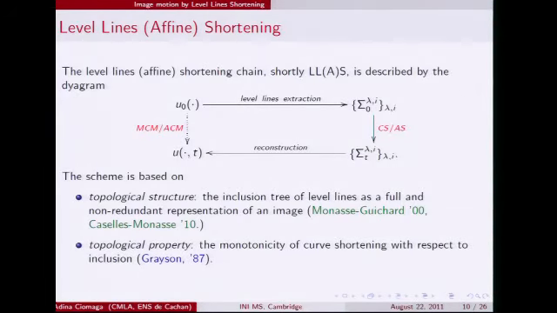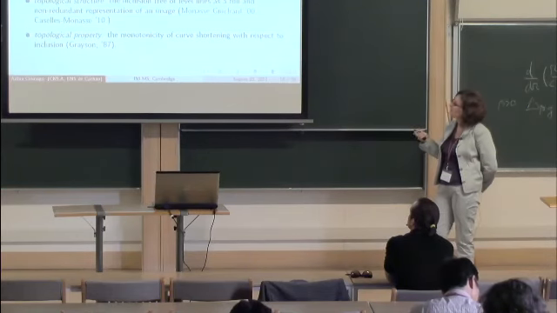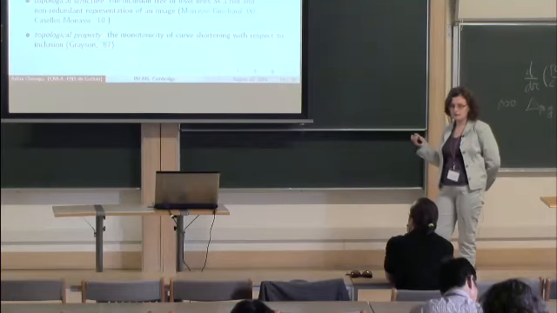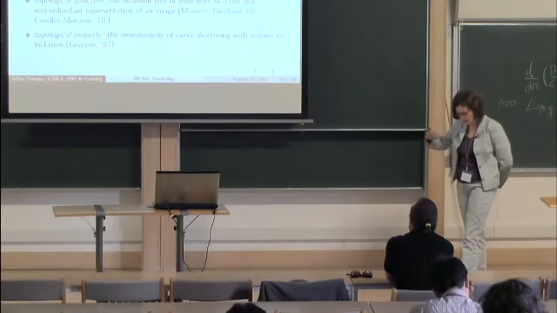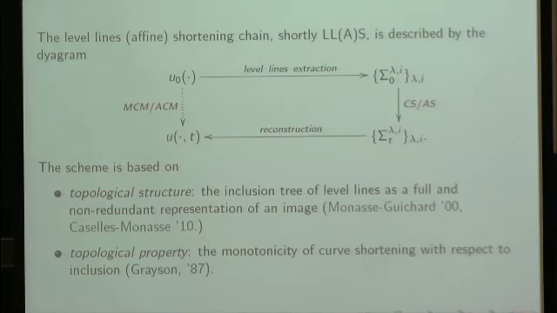So we start with an image U0, and this time instead of using the stack filter for the level sets, we use some sort of stack filter for the level lines. So we extract all of the level lines of the image in the discrete case with a subpixel, with a certain quantification, and we evolve at the same time, independently and simultaneously, all of the level lines.